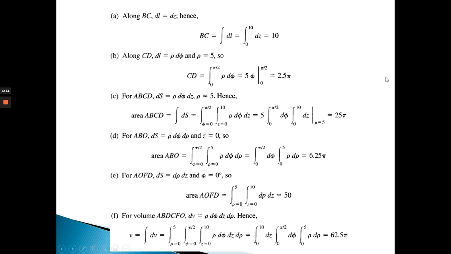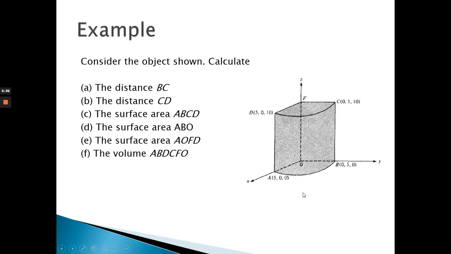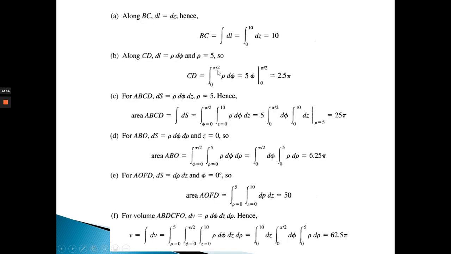There are two different phi you can find: from here until here you need to find phi 1, and from here you need to find phi 2, which will give you the limit from 0 to pi by 2. Then you integrate and you will get 2.5 pi, or you can put it in another way also.